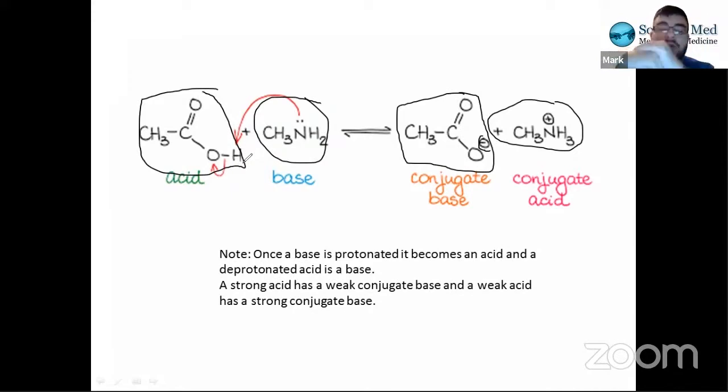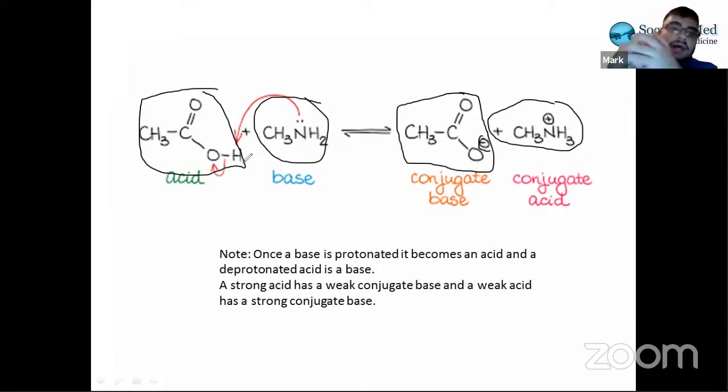It's very happy to give away its H plus. Well, now it's a base. It's just Cl minus, which is a base, right? Because it's a proton acceptor, but it doesn't want to take back its proton, right? Because it was happy. It was very easy for it to give away its proton. It doesn't want to take it back. So it's not very good at it. The Cl minus is not very good at taking its protons back and acting as a base.